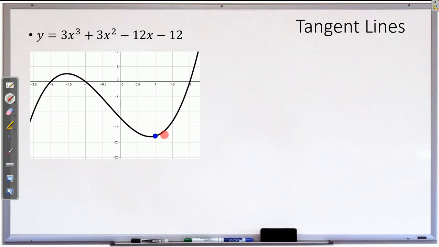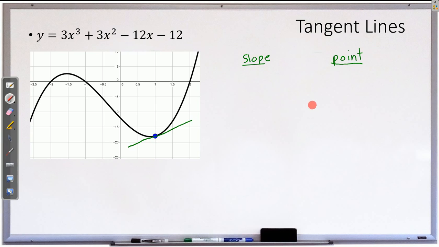How can I write the equation of the line that is tangent to the graph right here? That line there. Well, if you're going to write the equation of a line, it takes two things. It takes a slope, and it takes a point.